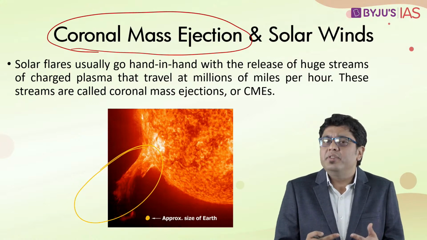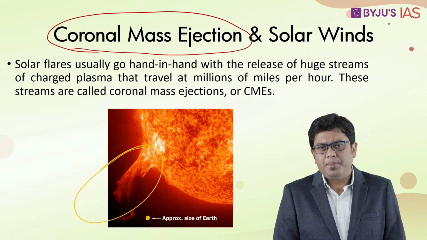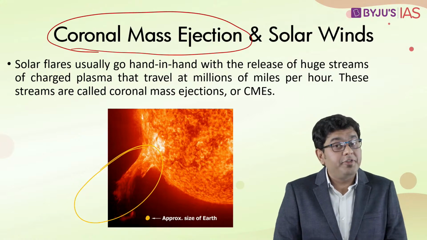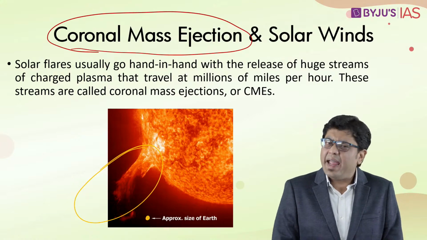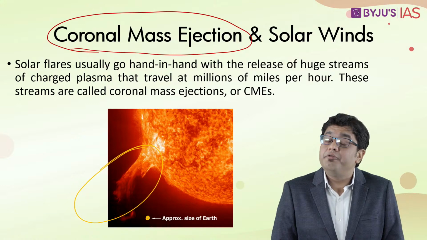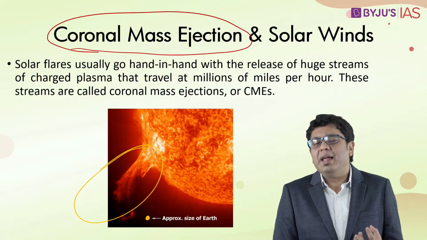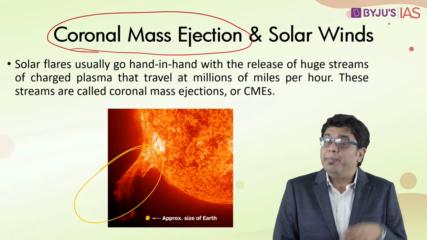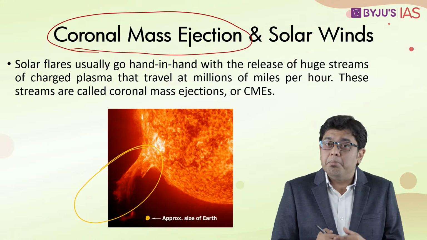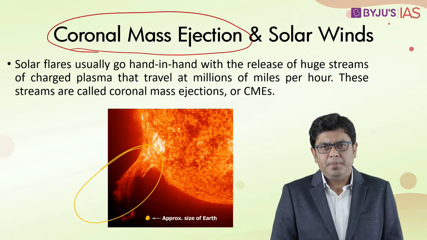Now, what happens as a result of that? Once these masses are released from the surface of the sun, they end up traveling throughout the solar system at a speed of thousands of miles per hour. Sometimes it reaches speeds of close to 2000 miles per second.